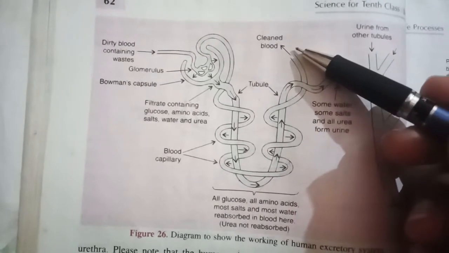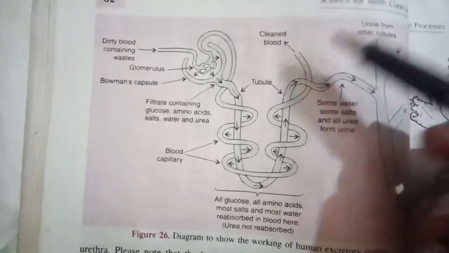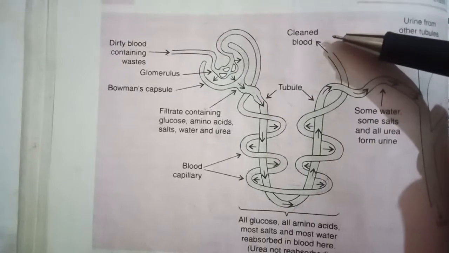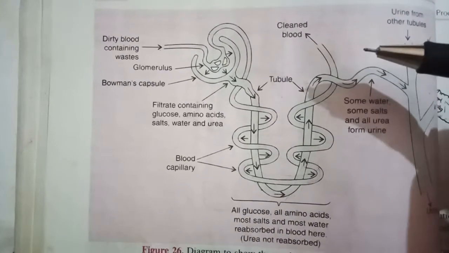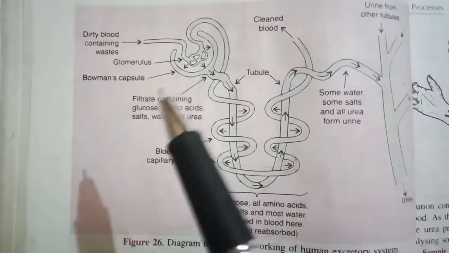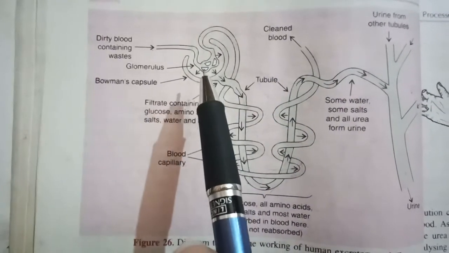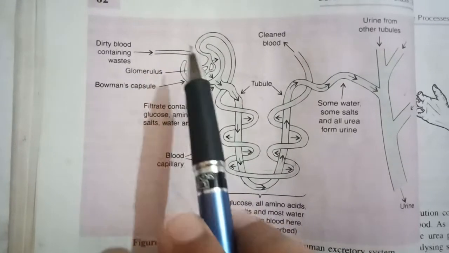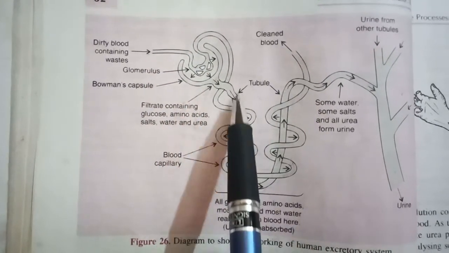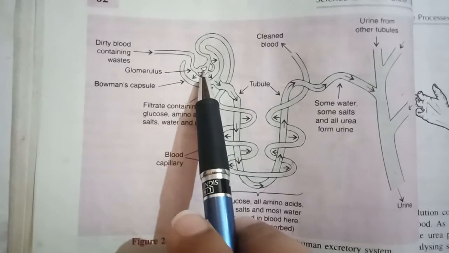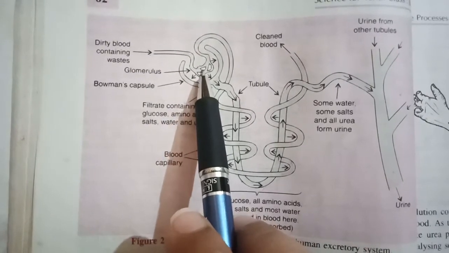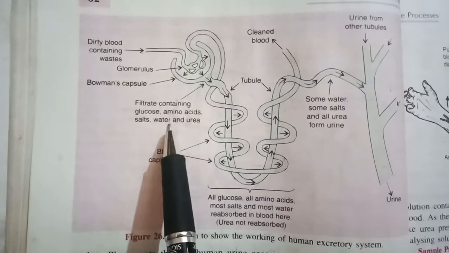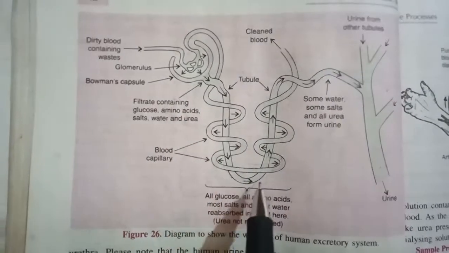What is the function of the renal vein? It carries away the clean blood from the kidneys. Now see once again: the glomerulus filters the blood. It receives the dirty blood from the renal artery and filters out the small substances. Only the large proteins and RBCs remain here, and the small substances like glucose, amino acids, salts, water and urea enter the tubule.